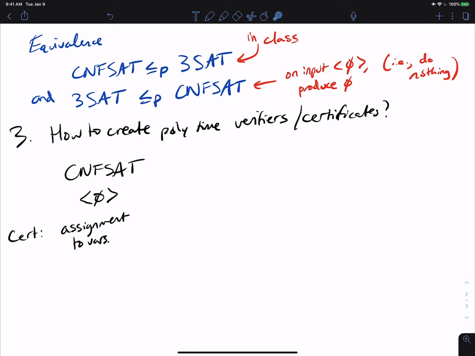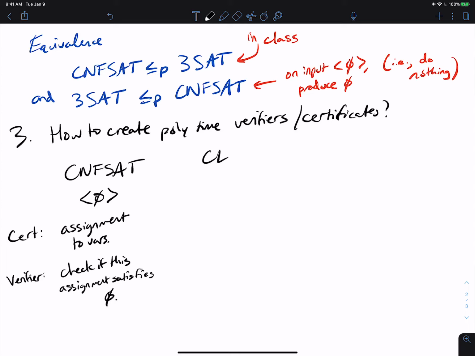In this case, the certificate is some assignment. And the thing to notice here is that a verifier just has to check this one assignment. It doesn't have to do anything else. So it's just to check if this assignment satisfies the formula phi.